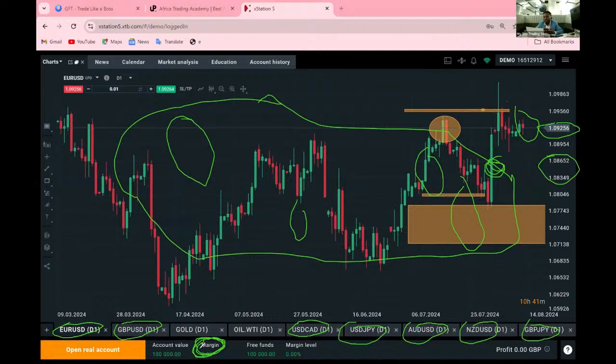So when you have like 500, you could use a percentage of the 500 to place a trade, buy or sell. That particular amount you use will be known as margin.